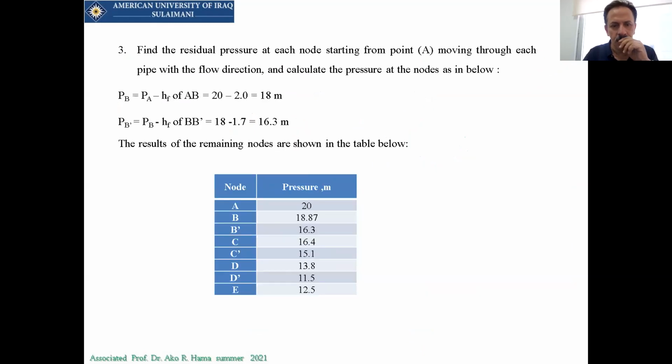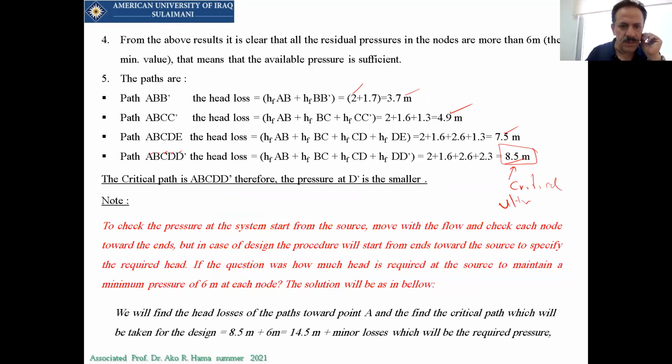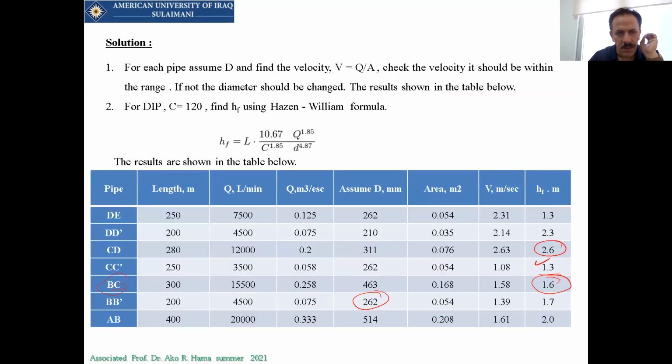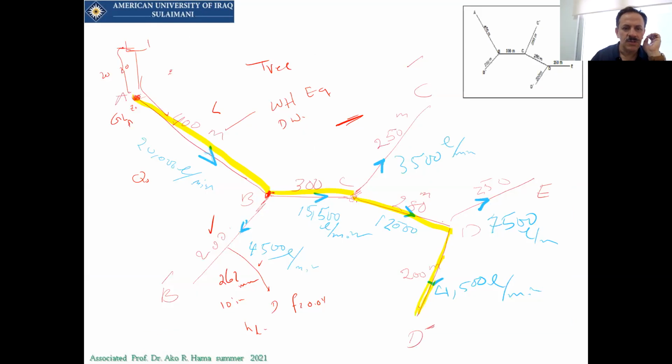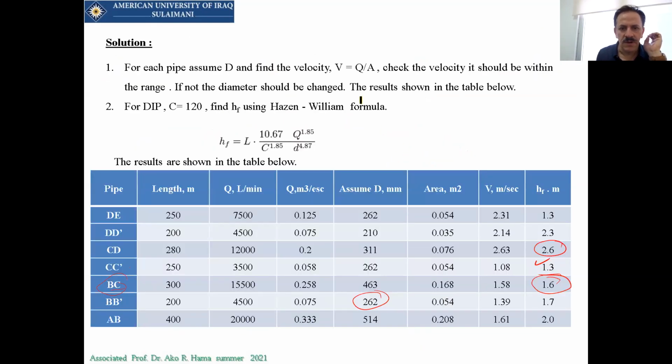So be careful, the critical path is here, and the pressure at D will be the smallest pressure, because this is the critical path. And this is what the question is asking, they find the results from here.